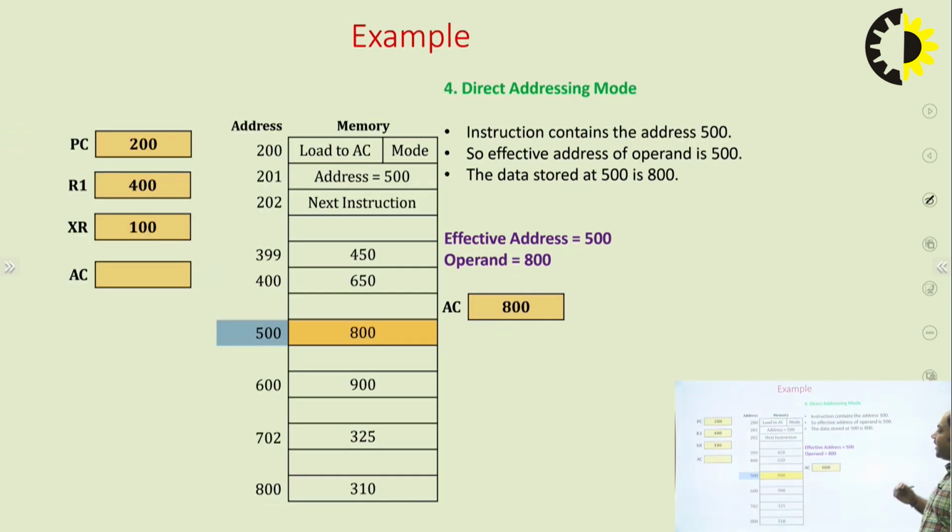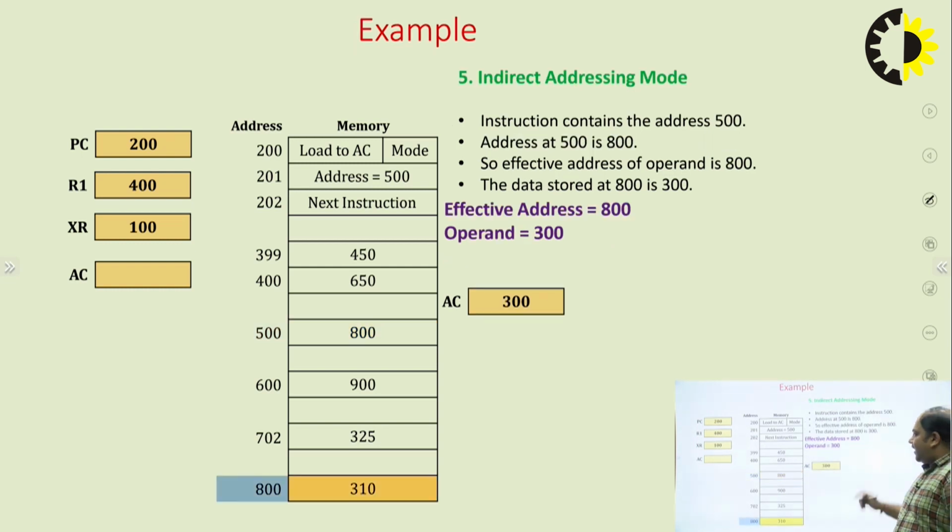Next, in direct addressing mode, the instruction contains the address 500, which is given. Now we have to find the value of the operand at the address 500, which is 800. So the value of the operand is 800. Next, in indirect addressing mode, we reference the address of the operand from the address in the memory.